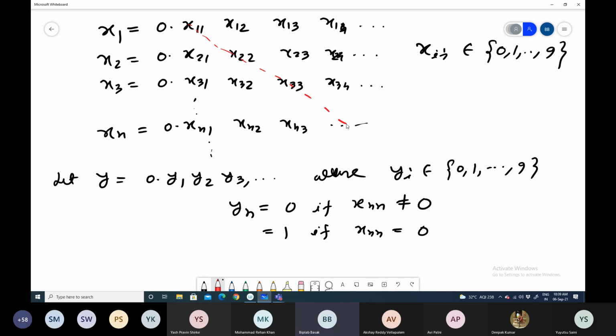We are just changing the number. If this is 0, we are taking 1, and if this element is non-zero, any number from 1 up to 9, then we are taking 0. So it is easy to see that y belongs to the set [0,1].